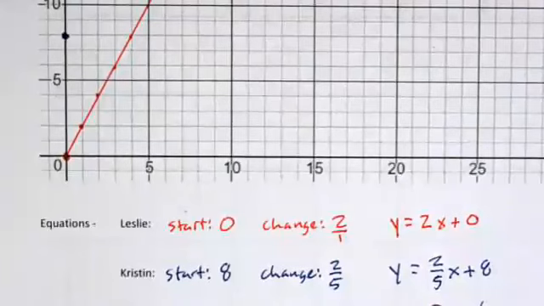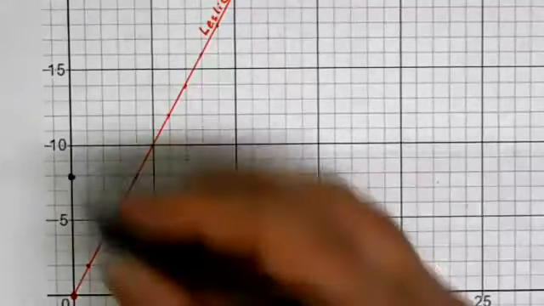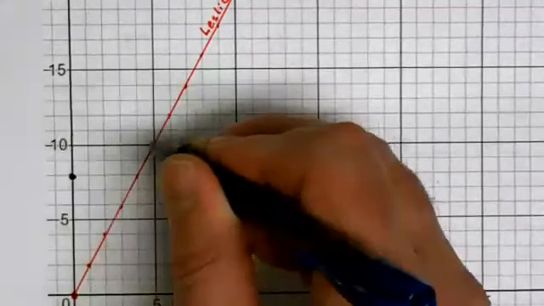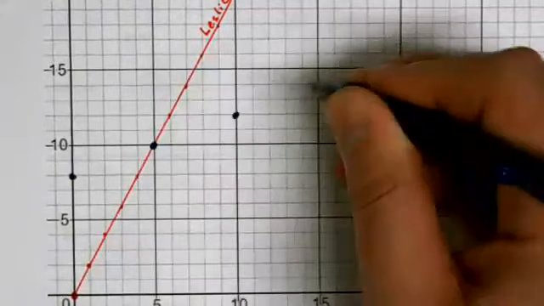And then look at your slope. Remember, slope is rise over run. We're going to go up 2 and over 5. So from here, I'm going to go up 2 and over 5, draw new points. Up 2 and over 5, up 2 and over 5.